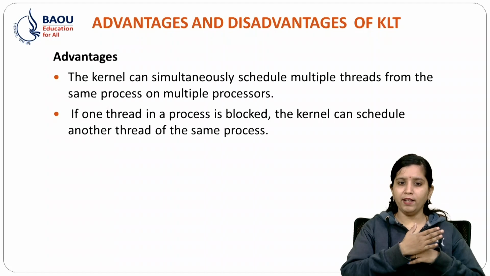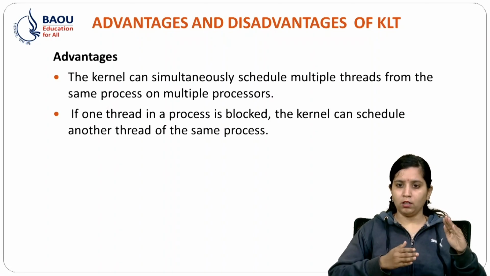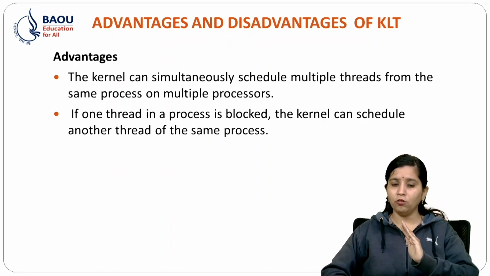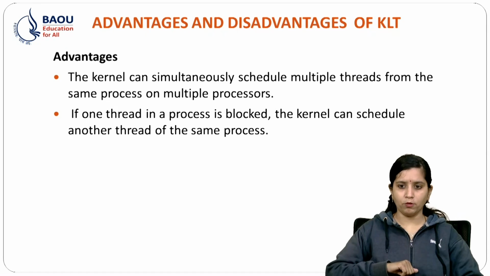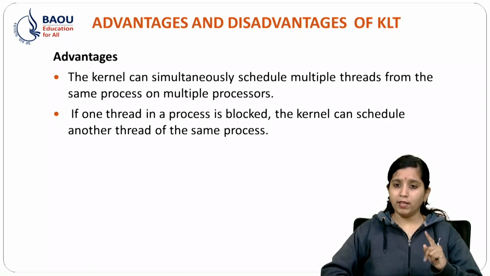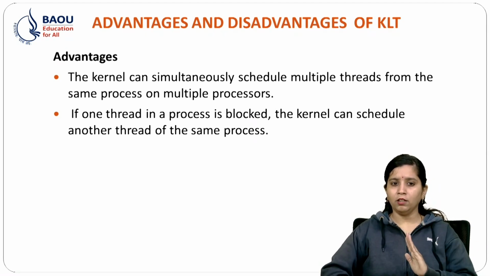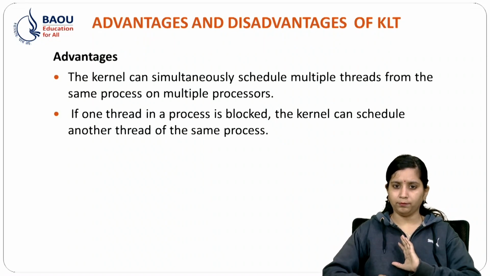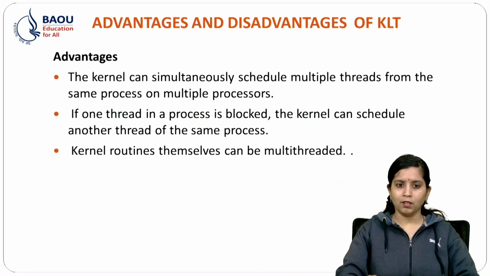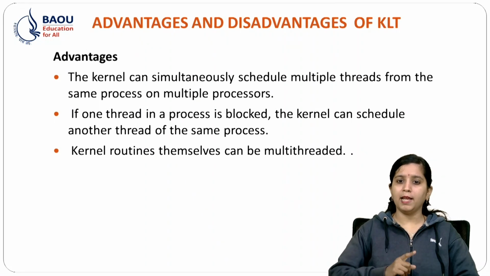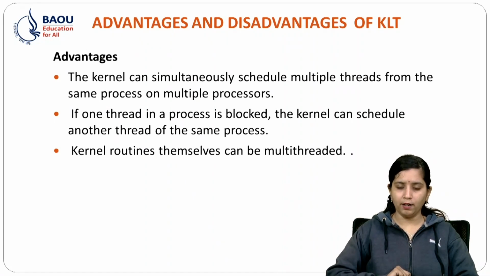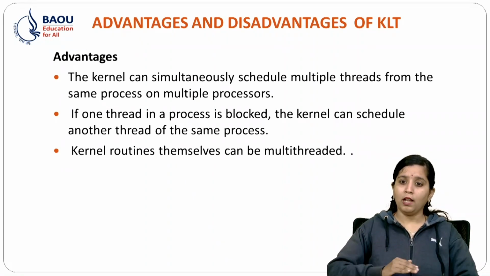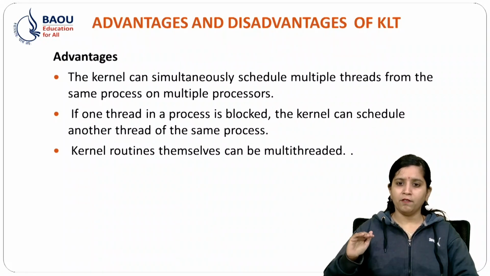If one thread in a process is blocked, the kernel can schedule another thread of the same process. Kernel routines themselves can be multi-threaded.